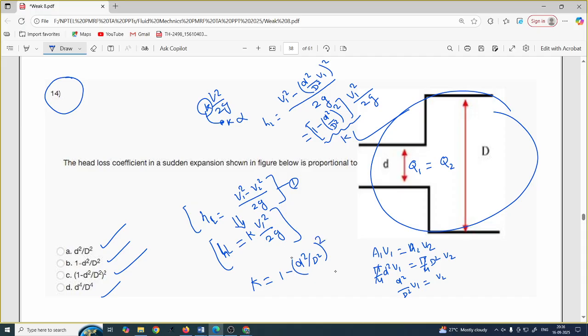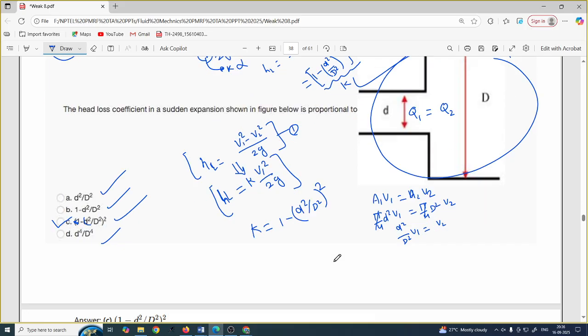This will be the final. So option C will be correct here.